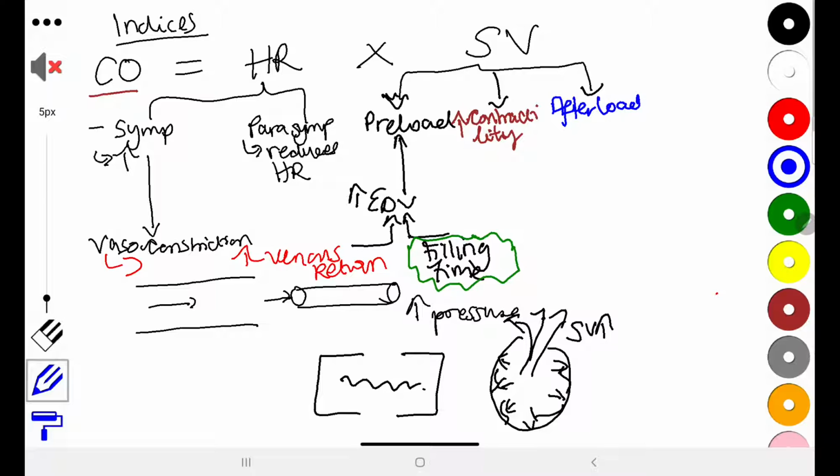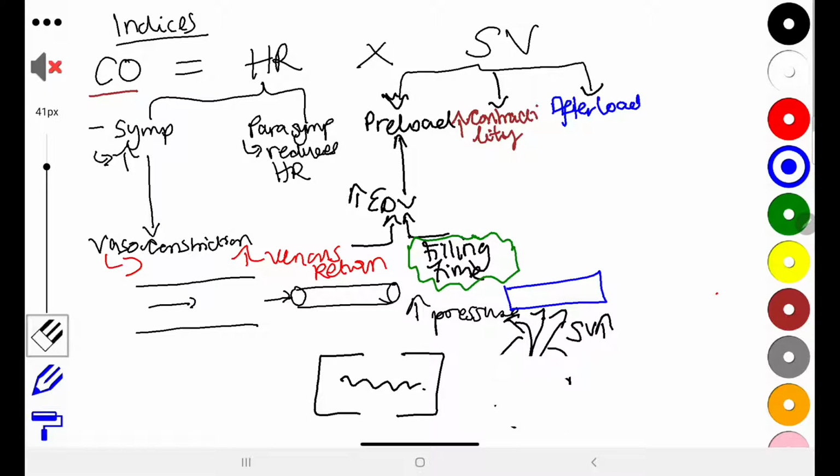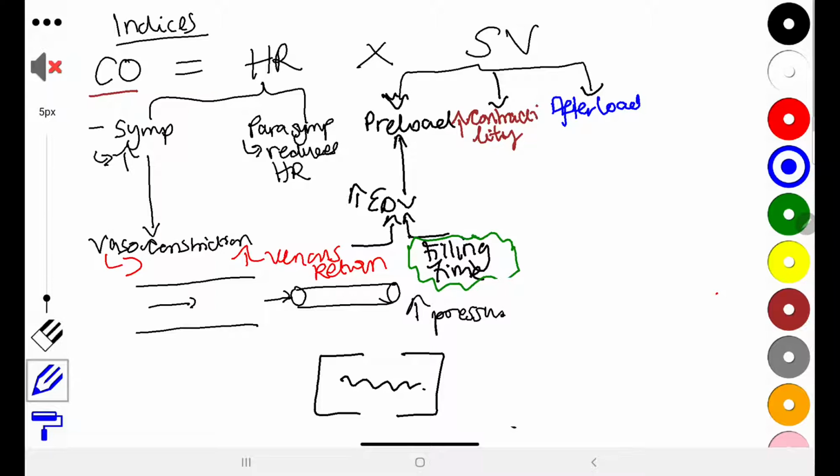Now, afterload is this pressure that the ventricle has to work against in order for blood to move out. If you remember, we did say that the ventricle will have to overcome 80 millimeters of mercury, which is the resting pressure for the aorta.